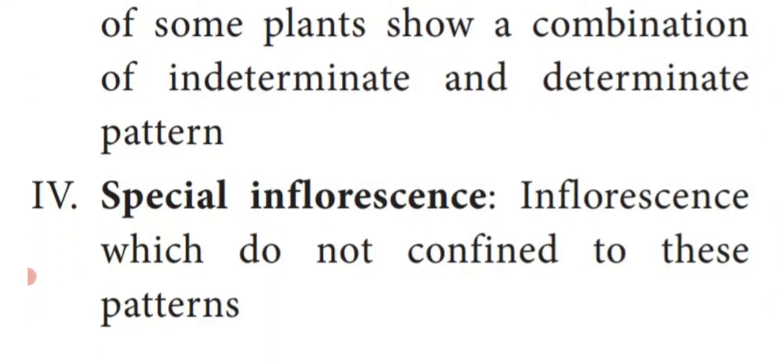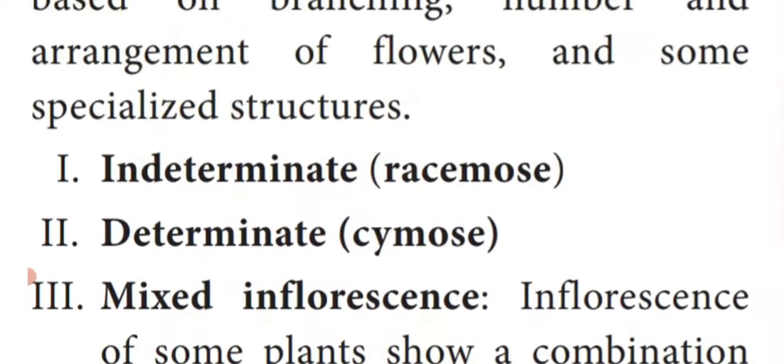Next one, special inflorescence. They are not showing any kind of racemose or cymose appearance, so that is a special type. So these are all the four types of inflorescence based on the number of flowers, arrangement of flowers, and branching pattern of flowers.